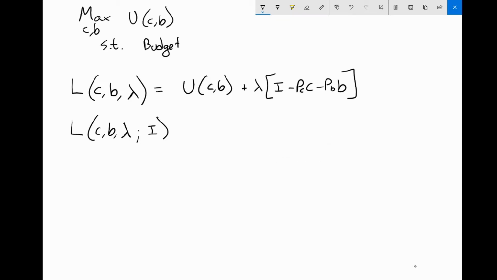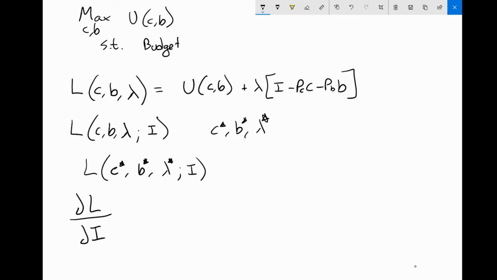Okay, let's show you a shortcut. Let's assume that we've already found C star, B star, and lambda star. We plug that in, and so now we have the Lagrange function at the optimal, composed of C star, B star, lambda star, and then this parameter I. Now I want to know the derivative of this with respect to I. Let's keep it generic and do the total derivative.